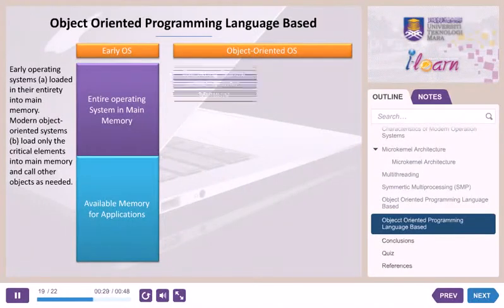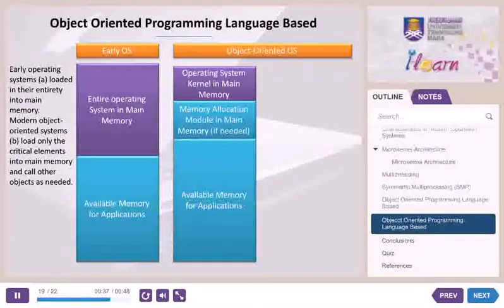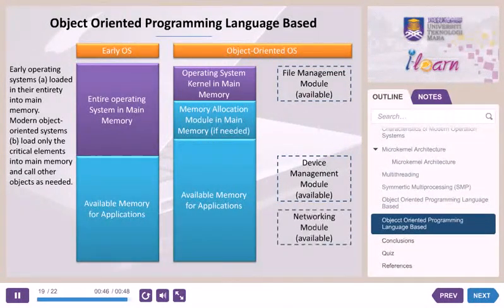Object-oriented OS: operating system kernel in main memory, memory allocation module in main memory if needed, available memory for applications. File management module, available. Device management module, available. Networking module, available.